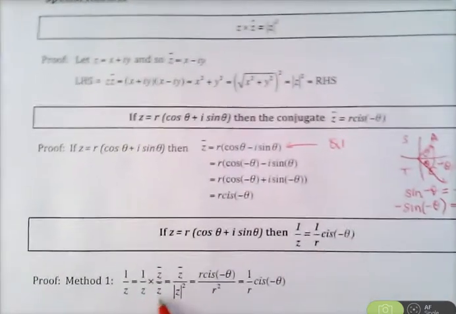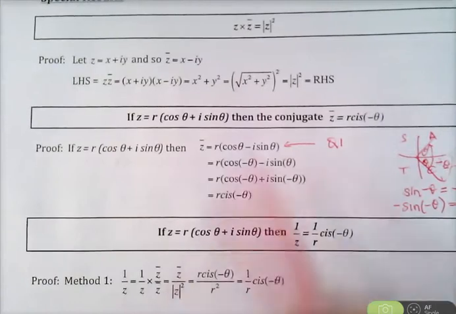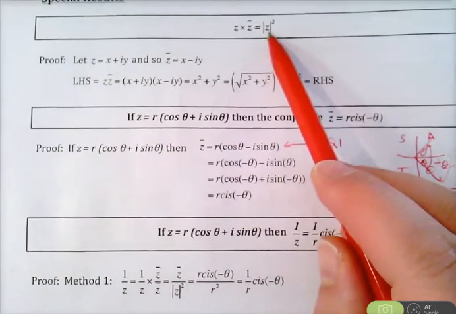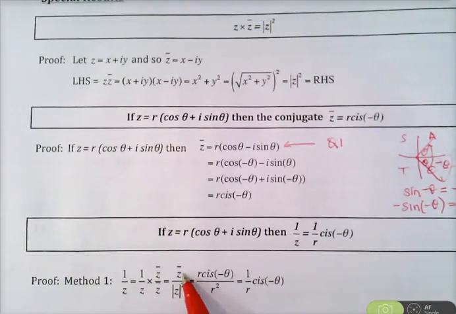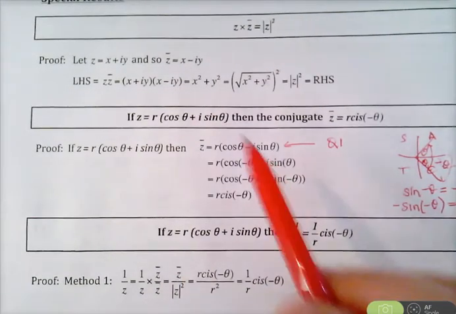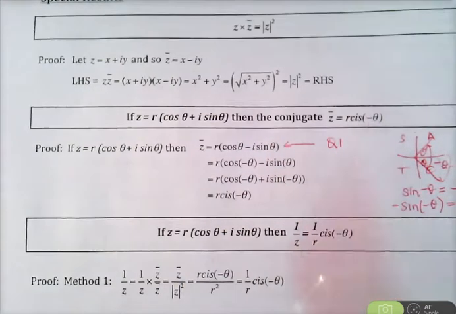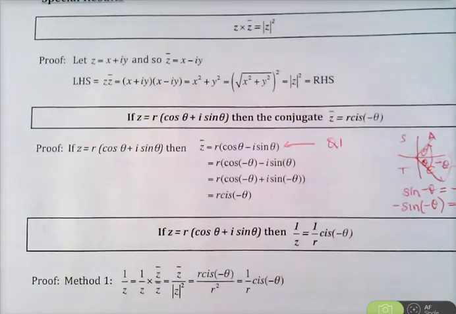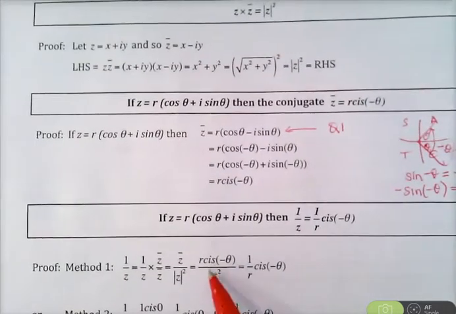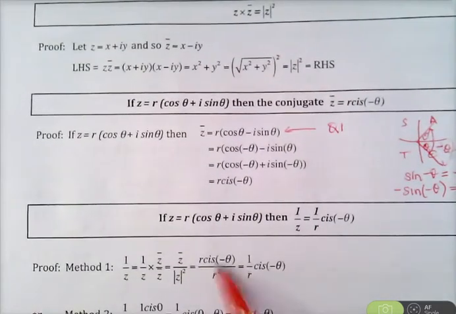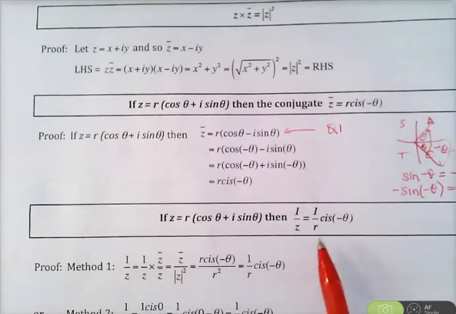So coming back down here, z times z bar is modulus of z squared, so we've replaced that with that. z bar is the same as r cis minus theta, so that's been replaced with that there. We know that modulus of z squared is the same as r squared here. So therefore, we've got r on r squared is 1 on r cis minus theta. So that's another result that you need to learn.